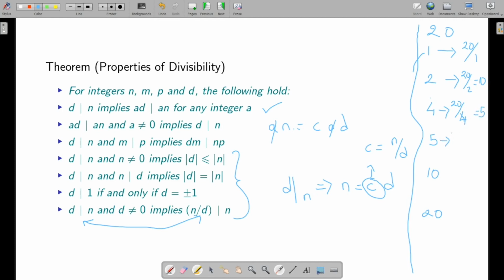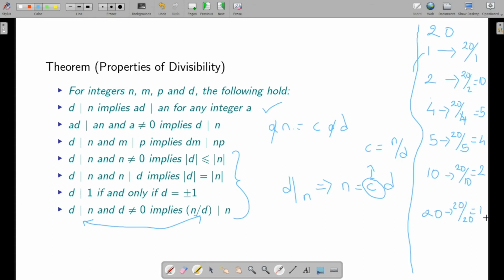The complementary divisor of 5 is 20 upon 5, which is 4, and 20 upon 10 is 2. And 20 upon 20 is 1.